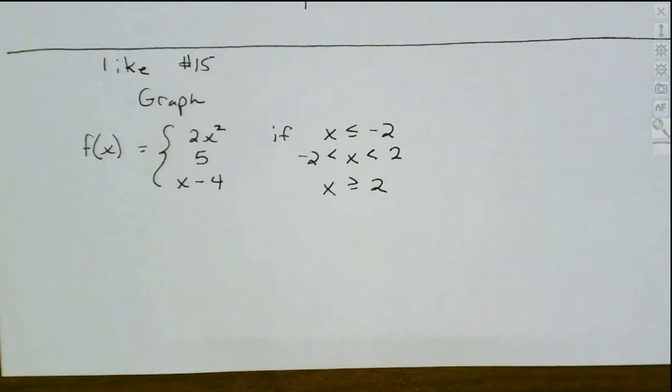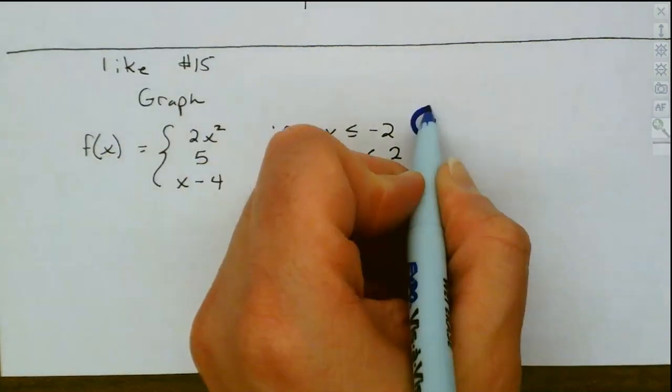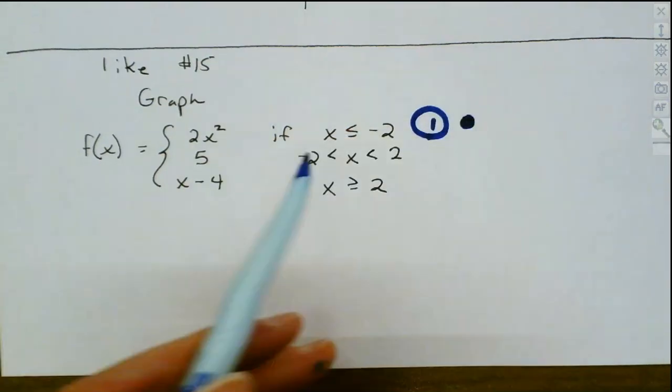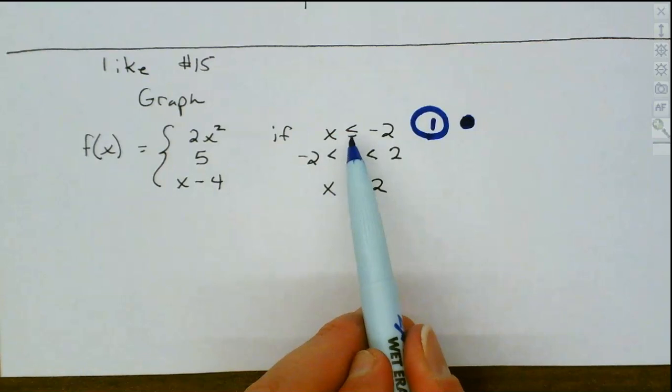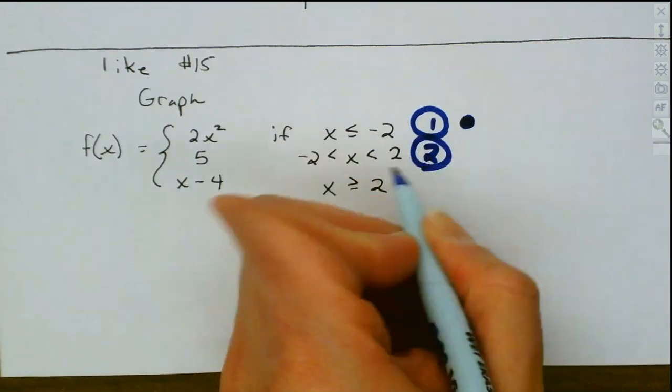So, where do we begin? Well, the first thing I always do is figure out open circles and closed circles. Row number 1, it's going to get a closed circle. Why? Because it is less than or equal to. Row number 2, what is it going to have?